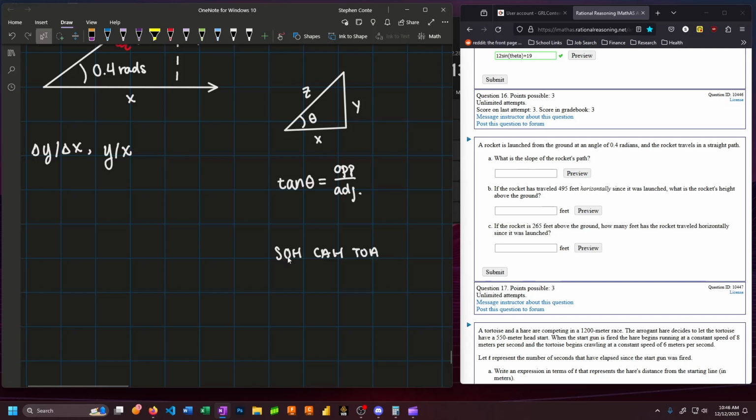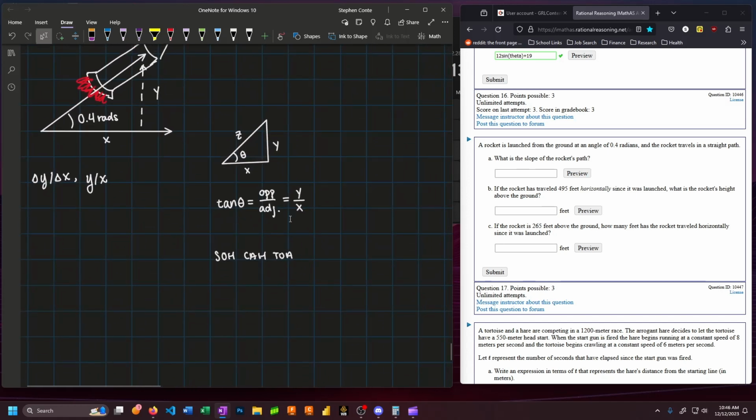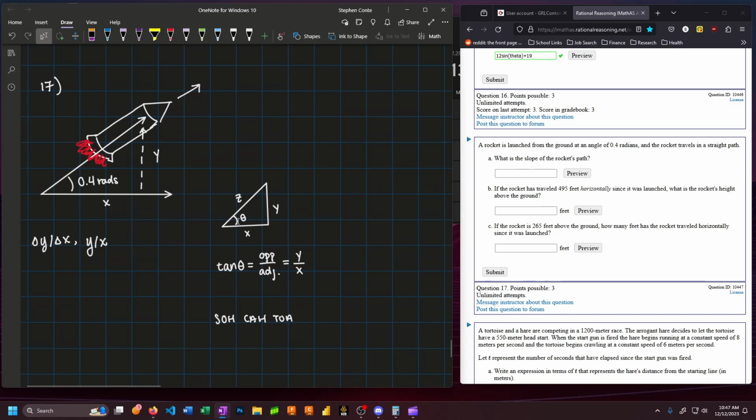So sine is opposite over hypotenuse, cosine is adjacent over hypotenuse, tangent is opposite over adjacent. The opposite side from theta is y, and the adjacent side from theta is x, because this is the hypotenuse, so it can't be the adjacent side. So we can represent the slope of the rocket's path as the tangent of theta, which is equal to y over x.